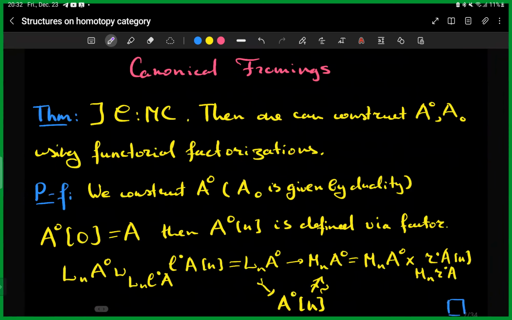Okay, and actually, it turns out that we can define a canonical framing, which is canonical with respect to the functorial factorization. So if we have a morphism of model categories which preserves functorial factorizations, then these canonical framings are preserved.